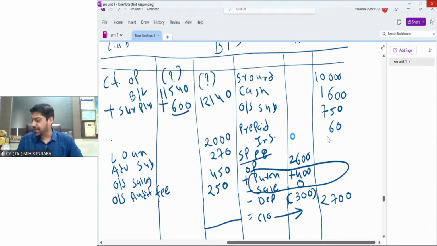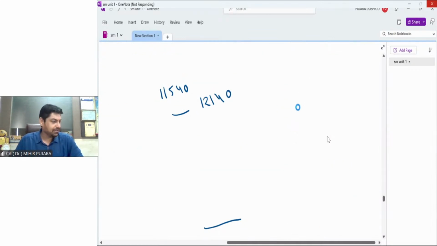Same with the asset side, guys. 10,000 is there, 2700 is there, 750, 60, and 1600 is there. So total will be, on both sides, 15110.